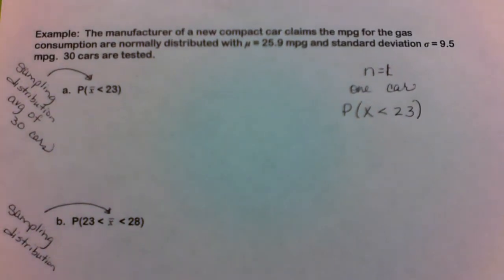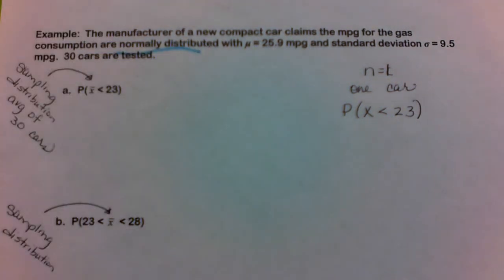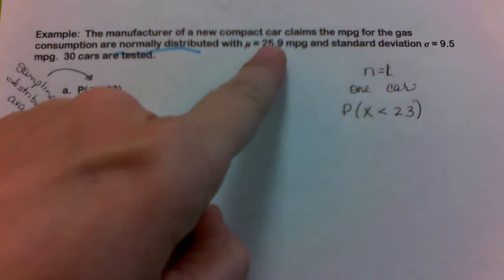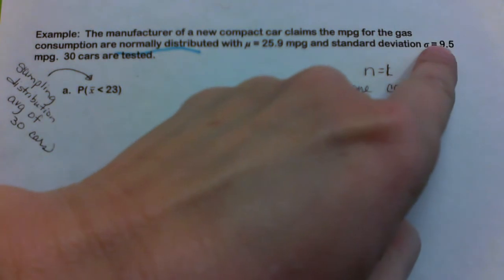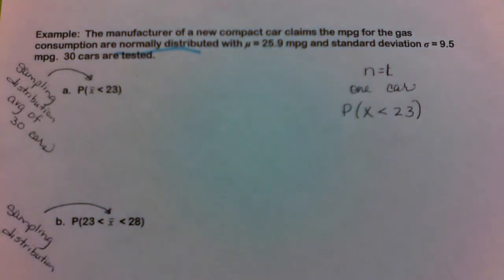All right, it says the manufacturer of a new compact car claims the miles per gallon for the gas consumption is normally distributed. Okay, that's important. It means we can use the Z table. We have a mean of 25.9 miles per gallon and a standard deviation of 9.5 miles per gallon. 30 cars are tested.